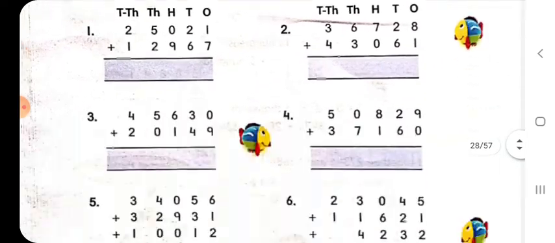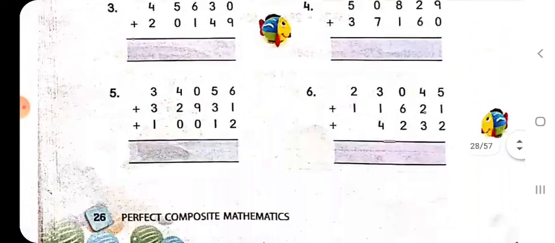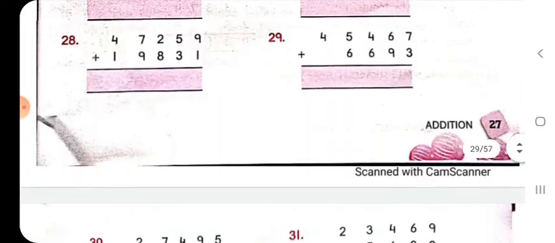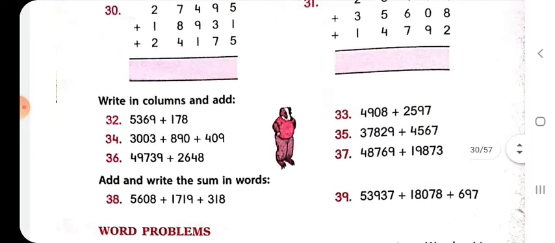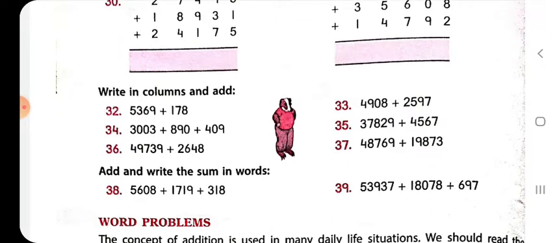So you will do all these sums, 1 to 31, of addition. It is simple addition. Do these sums in your book only for practice. No need to write in the notebooks. There are other sums also that we will do in our notebooks.